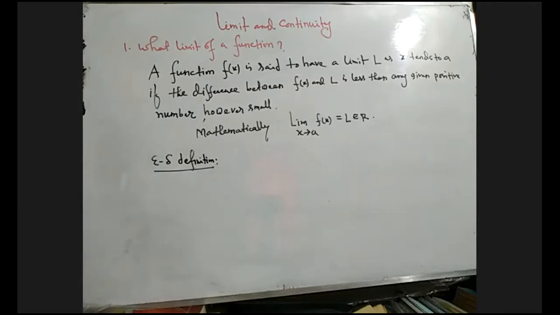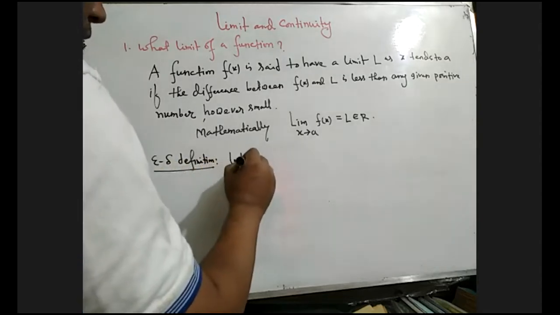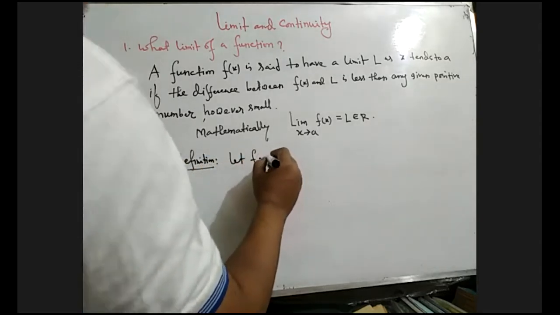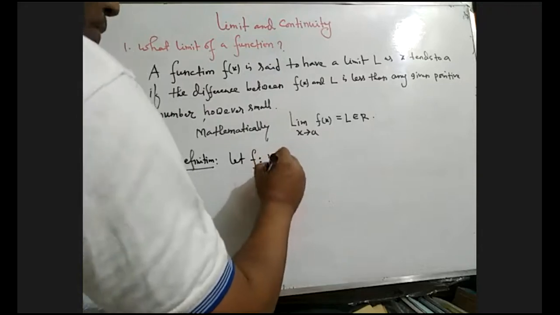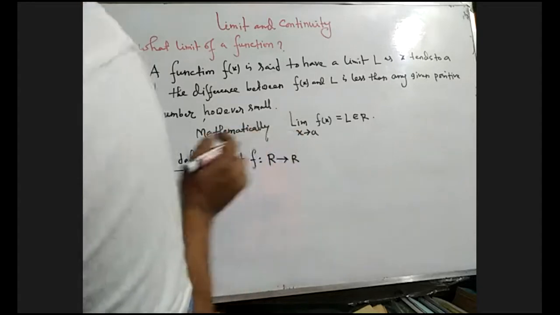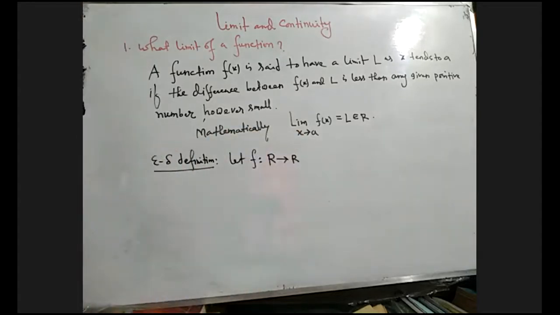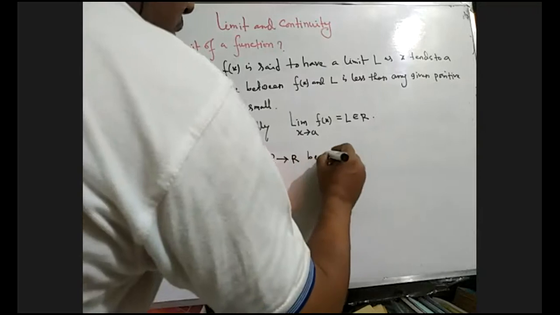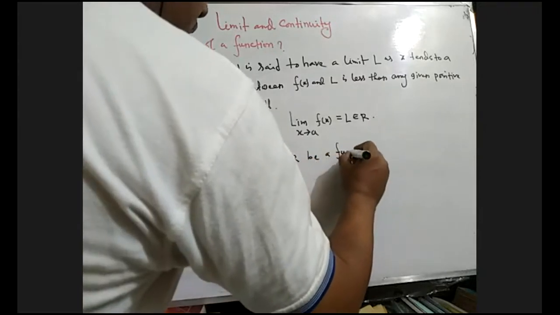From our book, we must know about the epsilon delta definition. Let f be a function from real number to real number. That means the domain is real numbers and the range is also real.